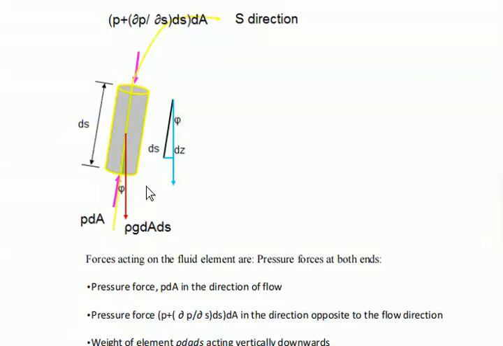There are three forces: the pressure force along the direction of s, the pressure force at this end which is opposite to the direction of flow, and the self weight. The summation of all these three forces is called the resultant force.